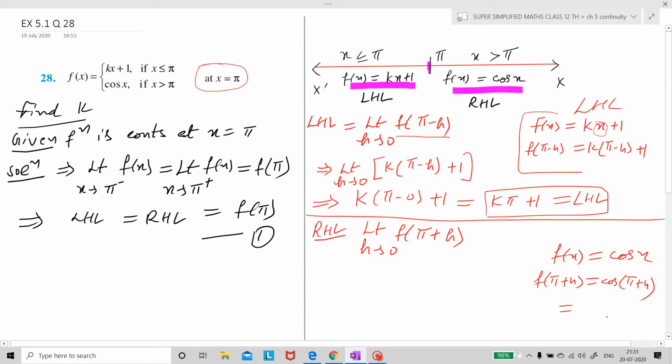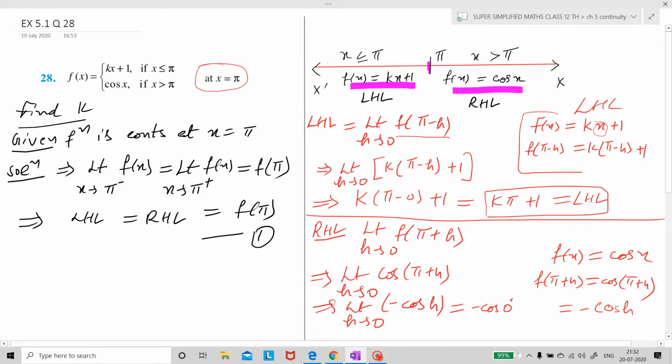So cos(pi plus h) will be in the third quadrant, and in the third quadrant cos theta is negative, so we get minus cos h, and hence limit h tends to 0 of cos(pi plus h) is equal to limit h tends to 0 of minus cos h. Now we put the limit of h to be 0, so minus cos 0 will be minus 1. So the value of the right hand limit has come out to be minus 1.